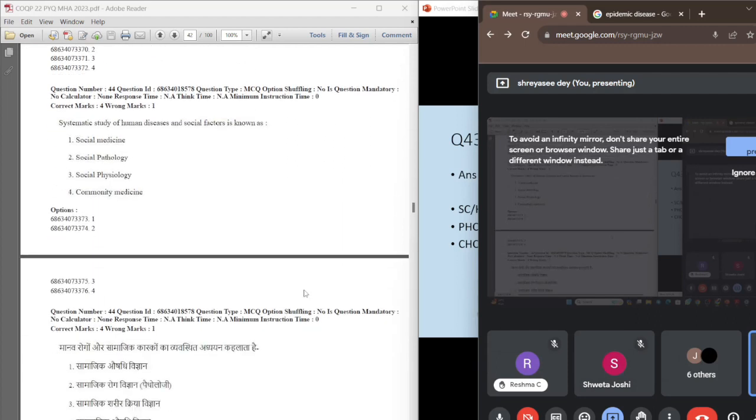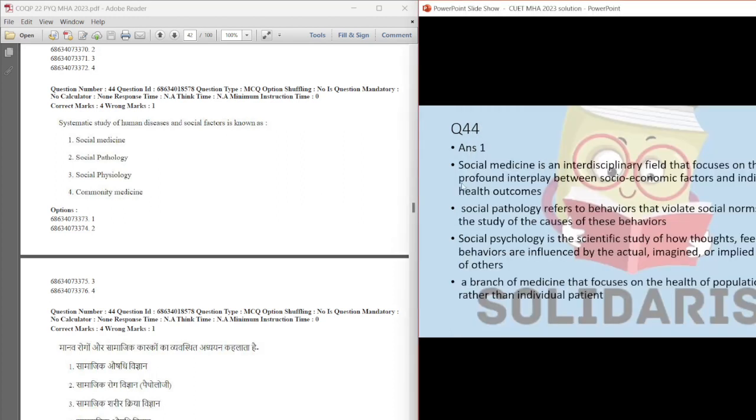And then the next question is question number 44. The systemic study of human diseases and social factors is known as social medicine. I have given all the definitions so you guys don't get confused. The answer is not community medicine. Community medicine is a branch that focuses on the health of the population rather than the individual patient.